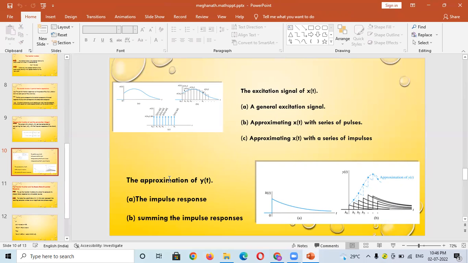Then the approximation of y(t): this picture shows the excitation signal x(t), and this picture shows the approximation of y(t). The first point is the impulse response, and the second is summing the impulse responses. So these are the two types of x(t) and y(t).